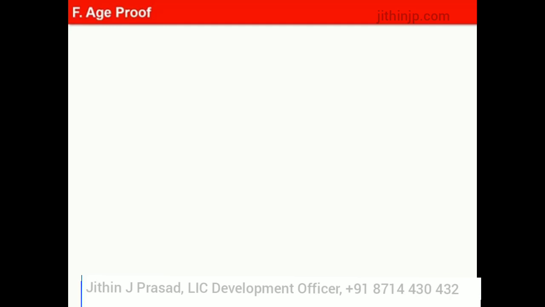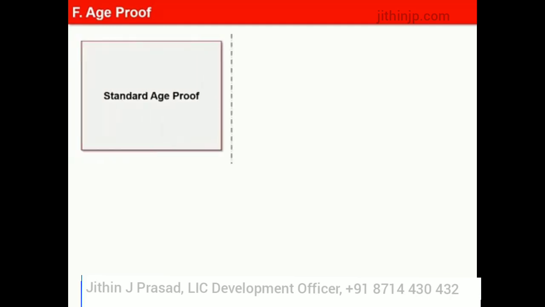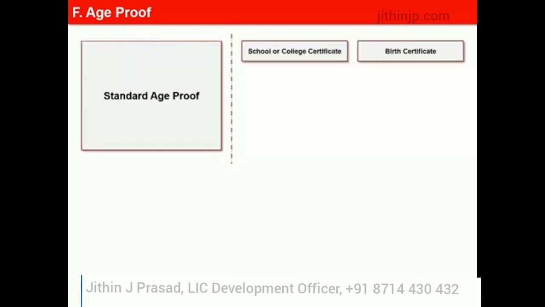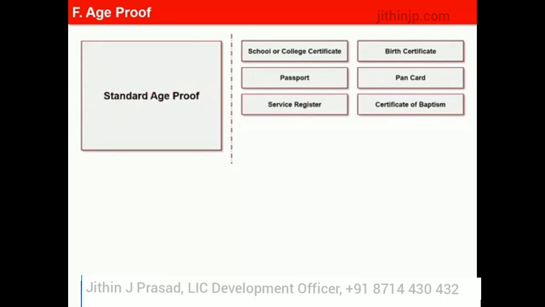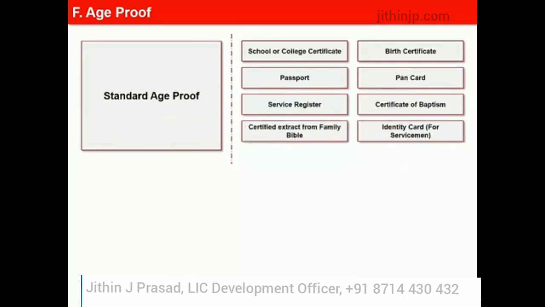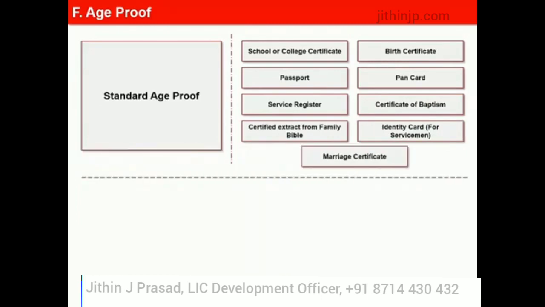Some documents considered as standard age proofs are school or college certificate, birth certificate extracted from municipal records, passport, PAN card, service register, certificate of baptism, certified extract from a family Bible if it contains the date of birth, identity card in case of defense personnel, or marriage certificate issued by a Roman Catholic Church.